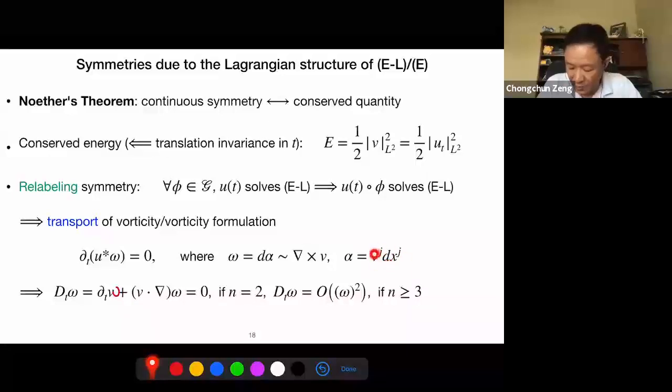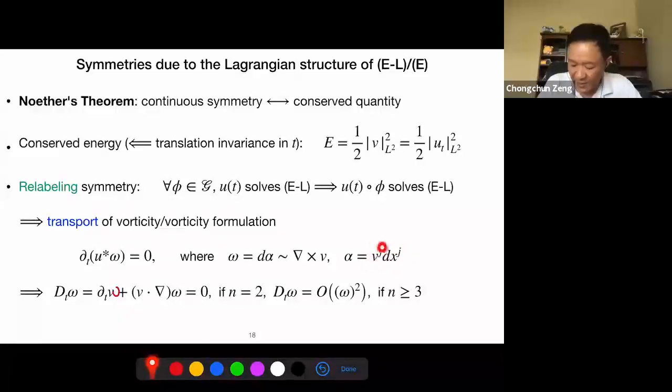Here, when the mass is assumed to be 1, the momentum has the same coordinates as the velocity, but conceptually it's a one-form, that's different. Then you take the exterior derivative of the momentum, you get a two-form. That's the vorticity, and the vorticity is transported as a two-form.